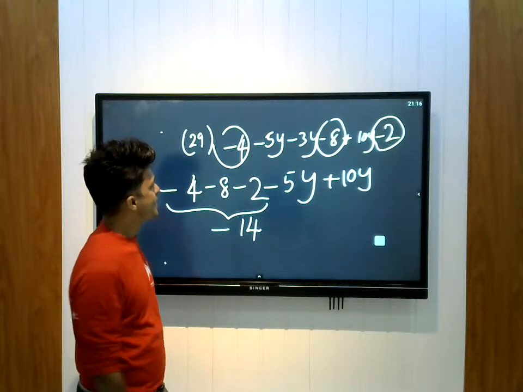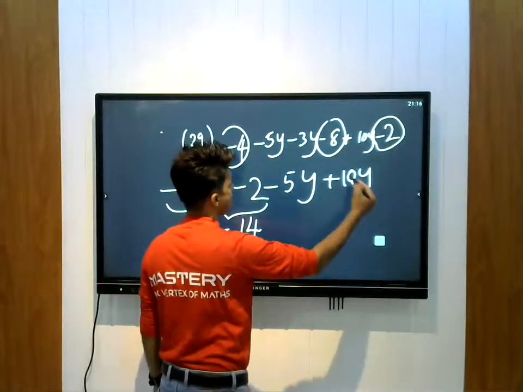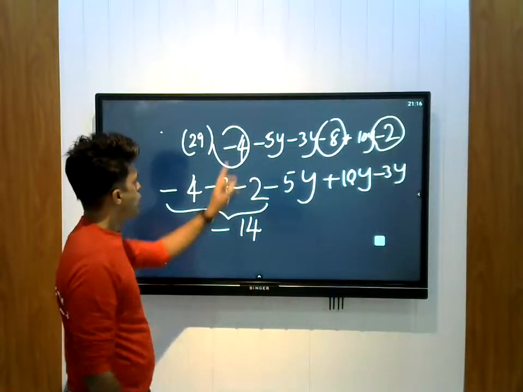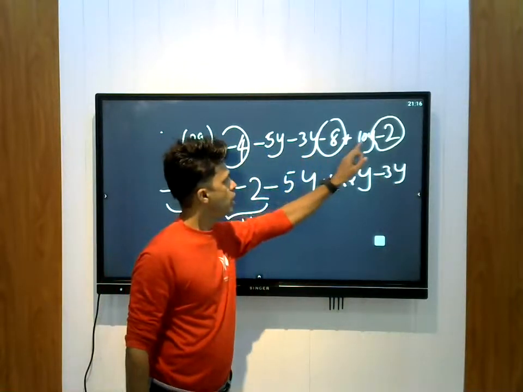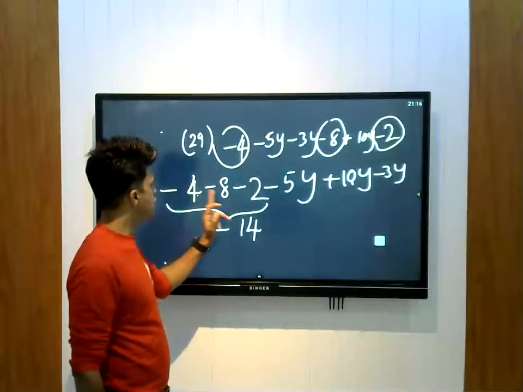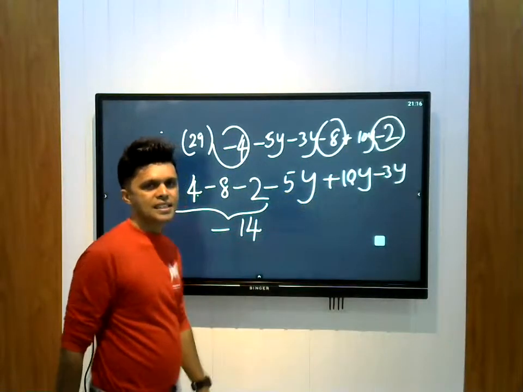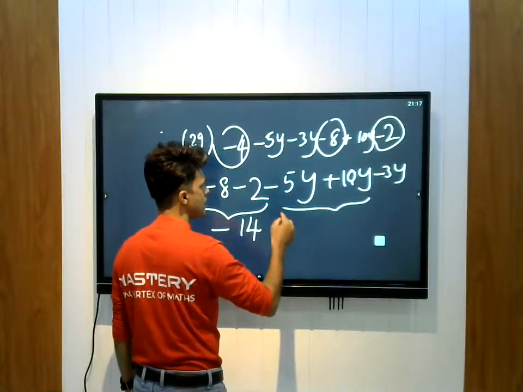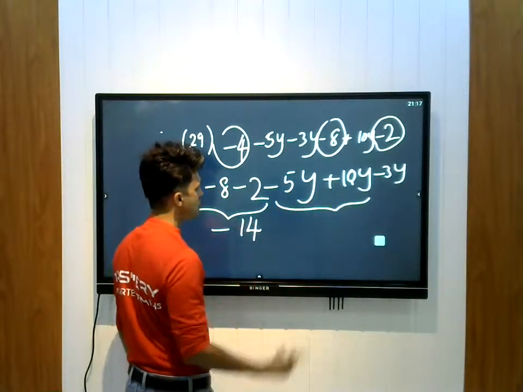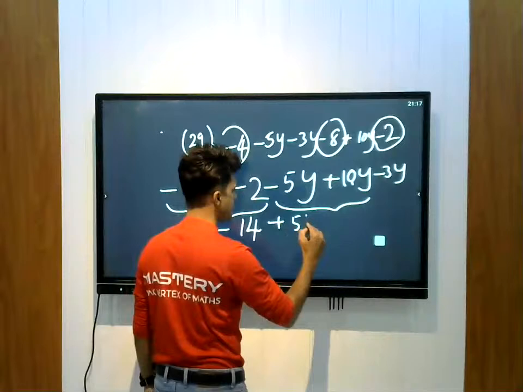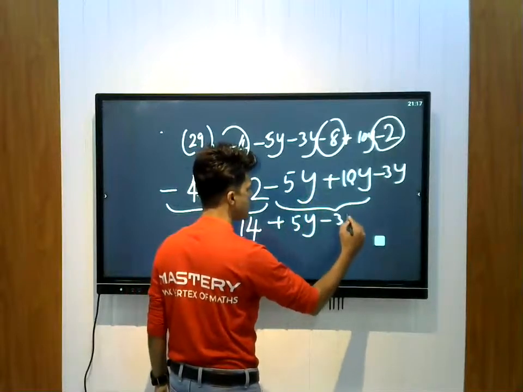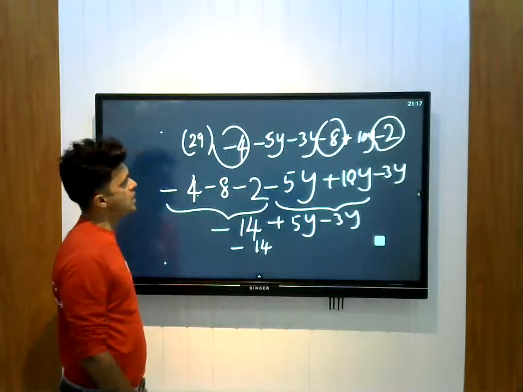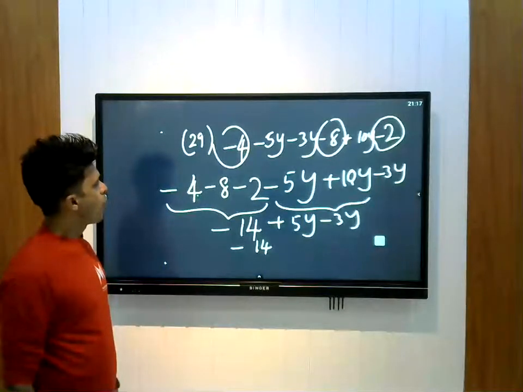What's that term? Minus 5y plus 10y minus 3y also should be written here. There are 1, 2, 3, 4, 5, 6 terms here. We could add these terms: minus 5y plus 10y minus 3y, again we could simplify these terms.